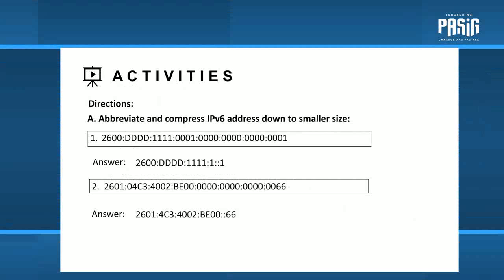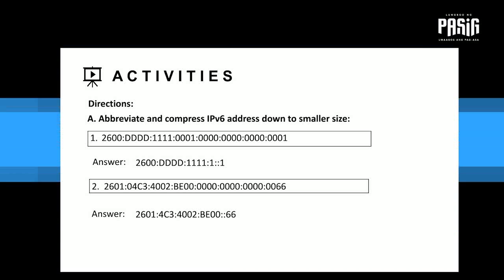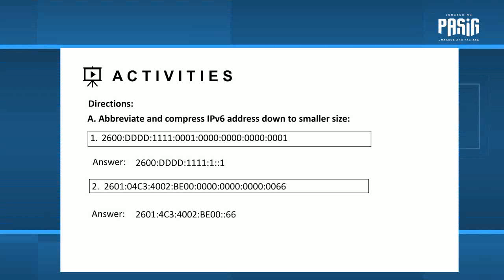Let's proceed to activities. Directions: abbreviate and compress the IPv6 address down to a smaller size. As you can see on your screen, we have an example here: 2600:DDD:1111:000:000:000:000:0001.